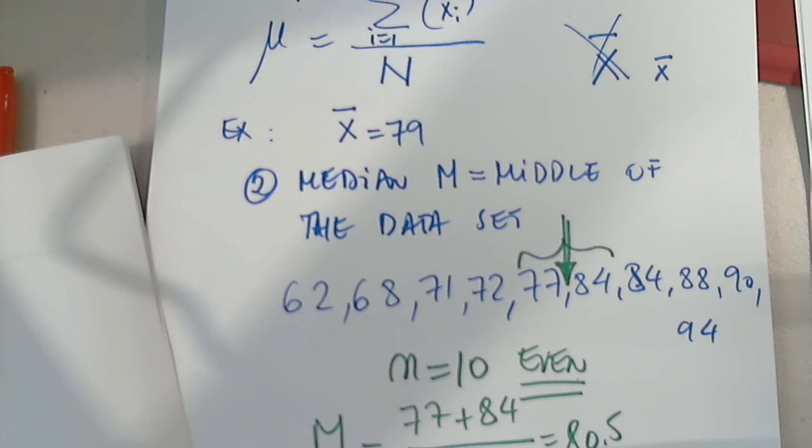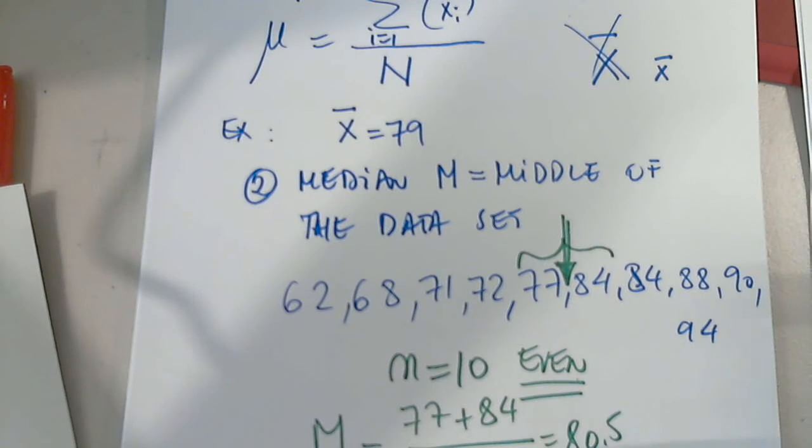And I'm going to click on compute. So we have 10 entries, we have the mean of 79, and we have the median of 80.5. So you will see how these two work together, or which one is preferred when.